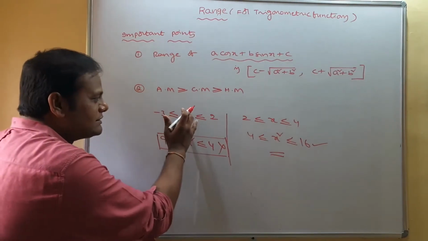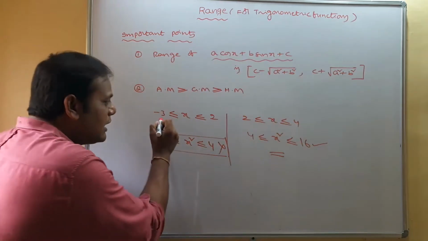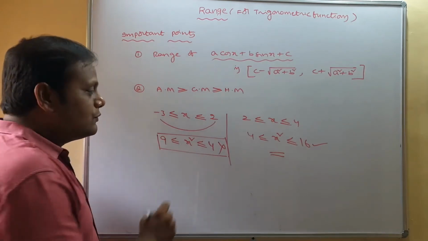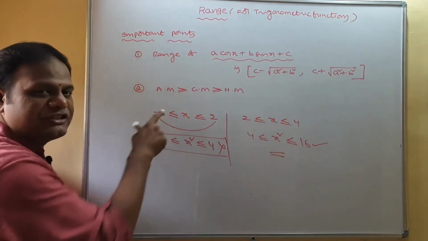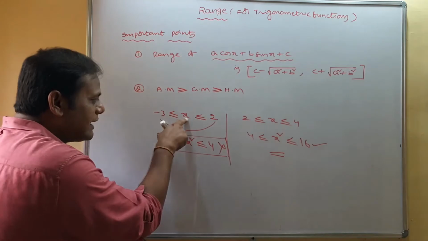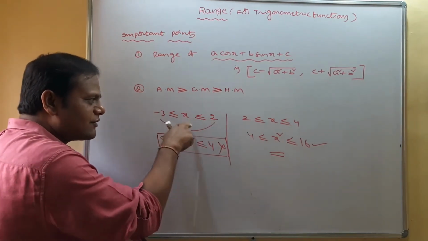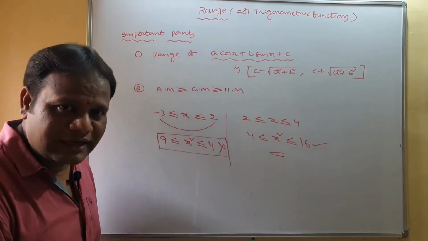So if you take square of all the values from -3 to 2, here in between we have 0, is it? So x is between -3 and 2 means x equal to 0 also there, is it right?